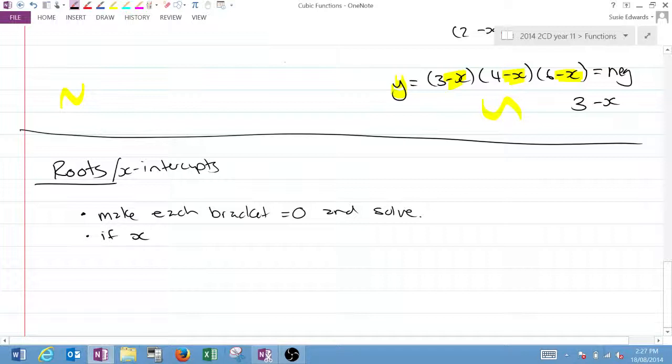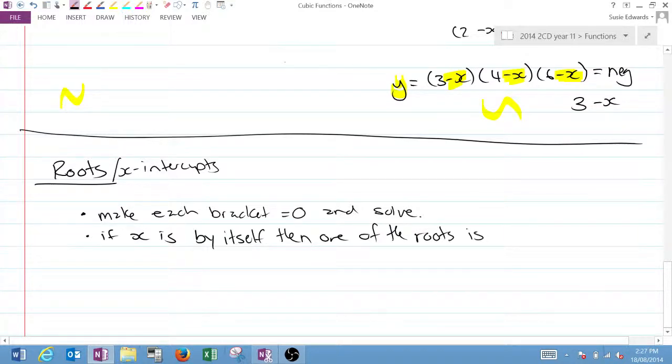If x is by itself, then one of the roots is 0. So 0, 0. I'll explain that again in a sec.